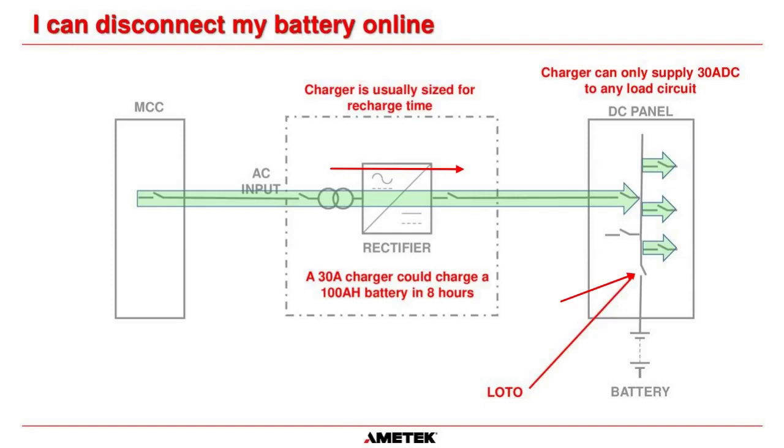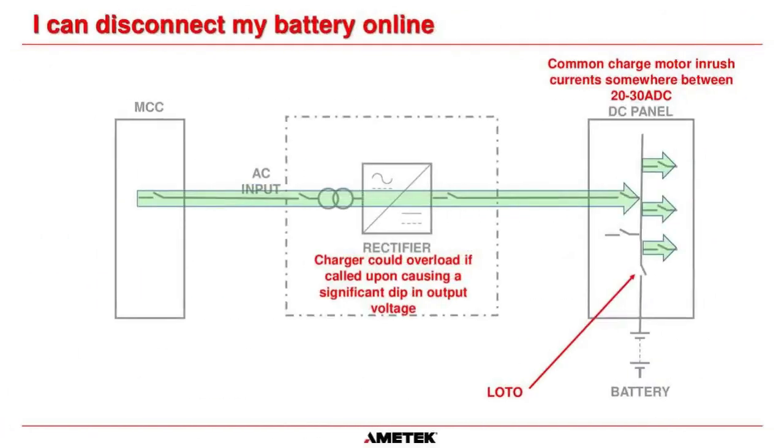That means the charger can only supply 30 amps to any load circuit or all load circuits at any time. A common charge motor inrush for spring coils in a switchgear tripping and closing system is between 20 and 30 amps.